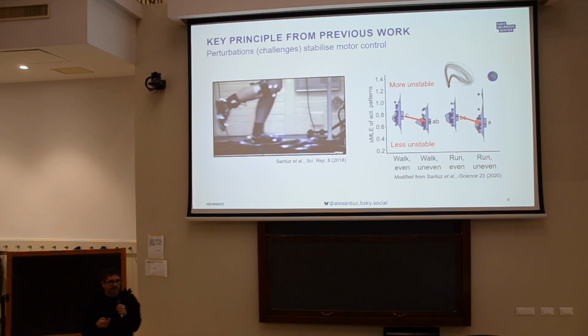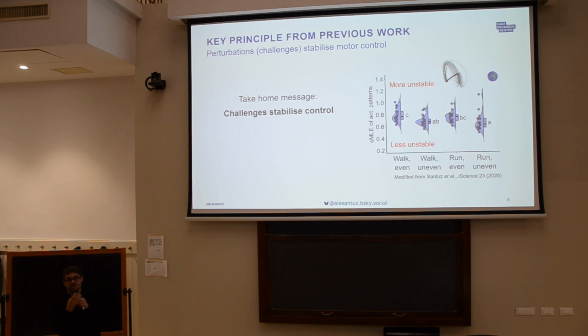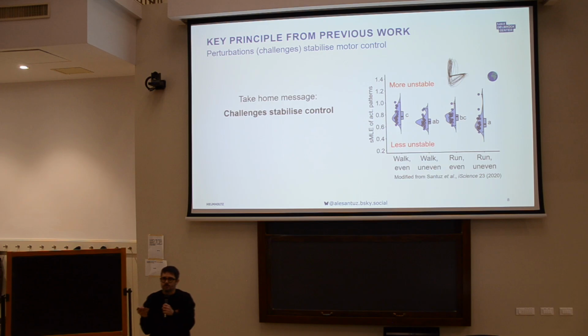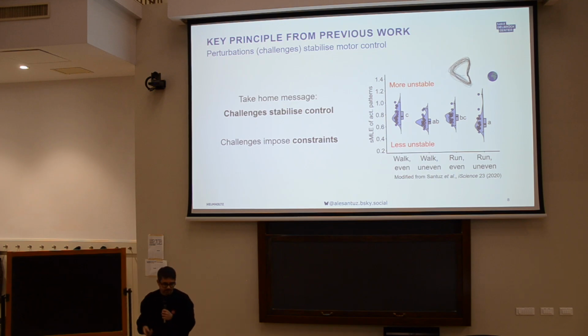So, as a take-home message, this means that challenges, so perturbations, stabilize the control, which is exactly the opposite of what we observe in kinematics, right? And we gave an explanation to this, considering that challenges impose constraints on the system.